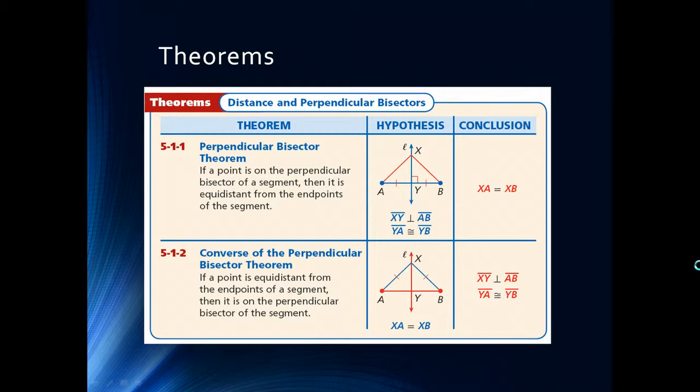However, the two sides are the same, and point X is on line L. That means that XA and XB are equal, which tells us that we have a perpendicular bisector, and XY is perpendicular to AB, and that tells us that YA and YB are equal, or congruent.